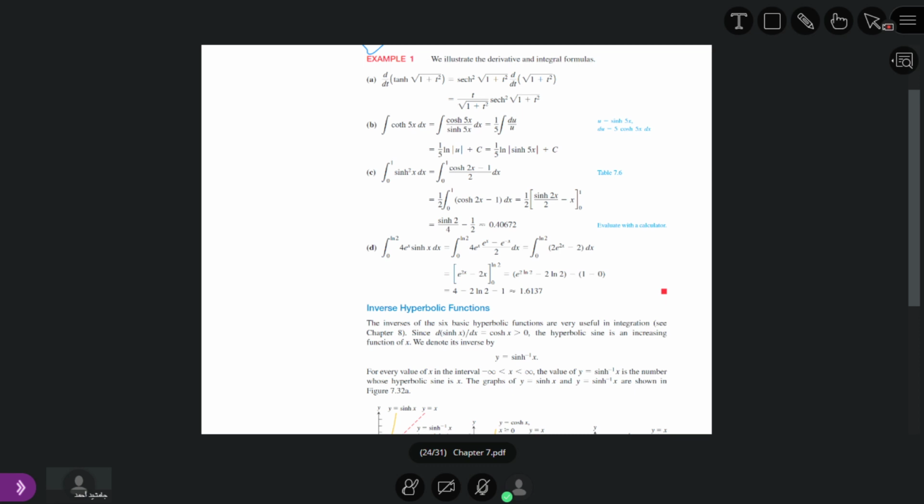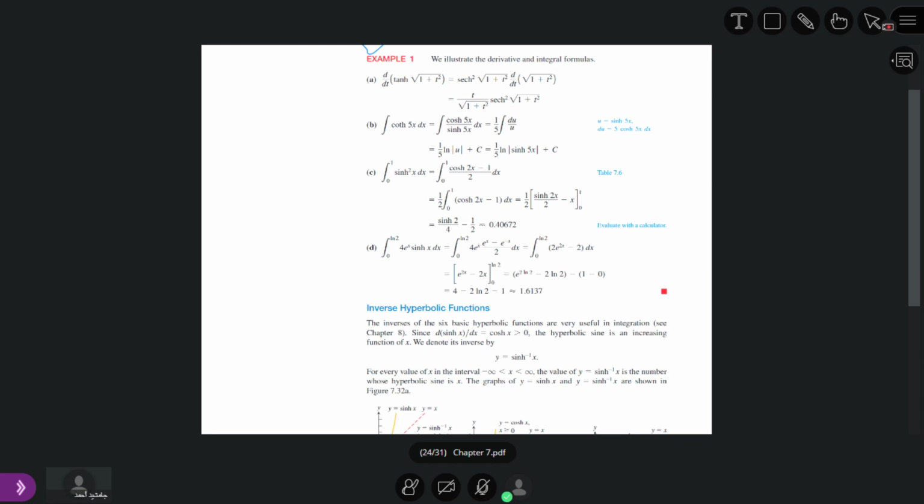Basically, if we have tan hyperbolic x, whenever we take derivative with respect to x, derivative of tan hyperbolic x is equal to sec hyperbolic squared x dot derivative of the angle. So dx over dx is equal to 1, so usually we do not write it.